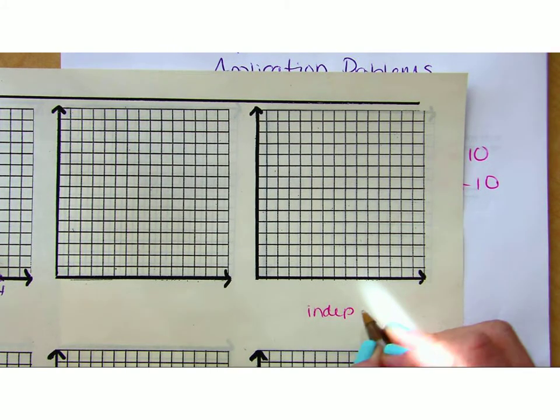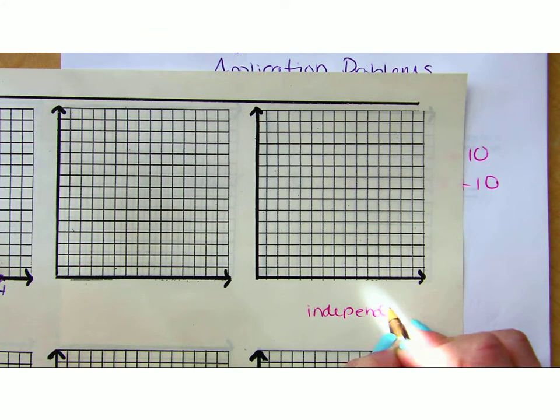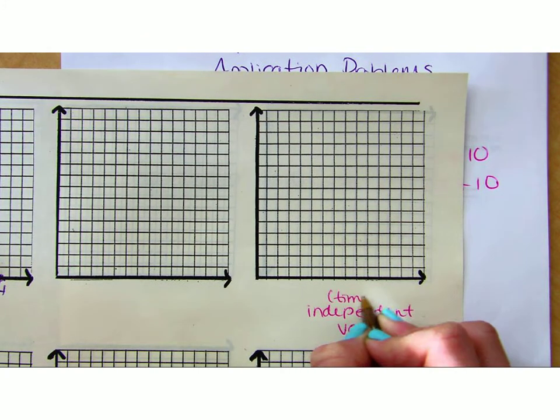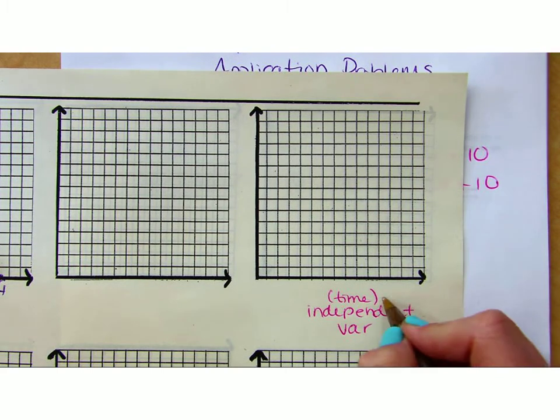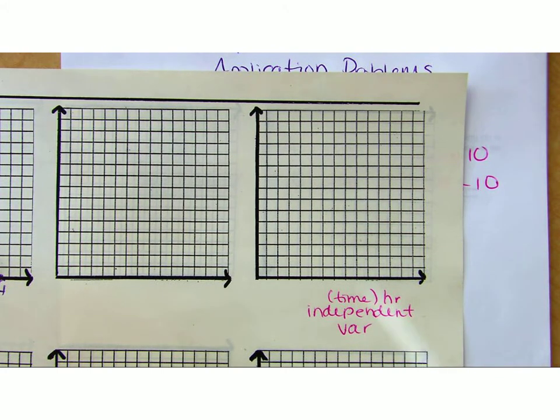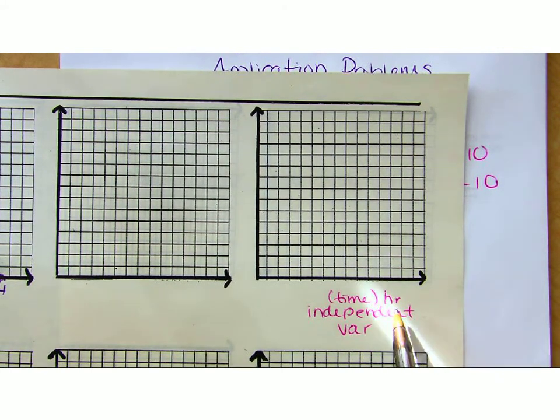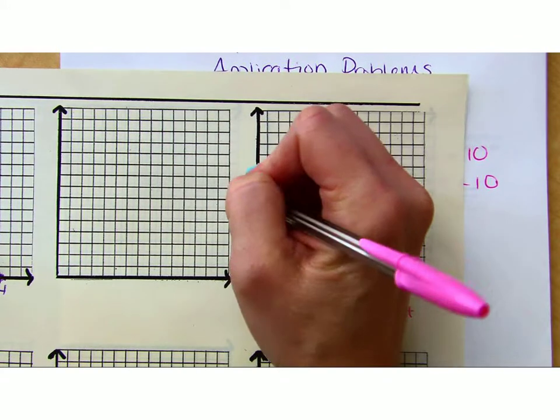So your independent variable goes here, which is time. And you might even want to specify your unit of time. There are lots of different ones: seconds, minutes, hours, days, weeks. So we're going by hour. Your y is your dependent and is usually money.